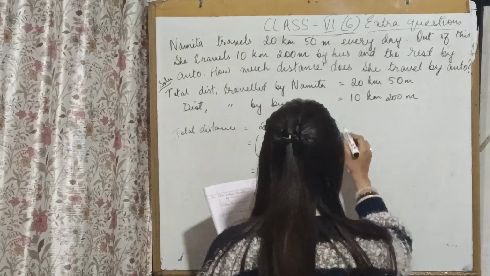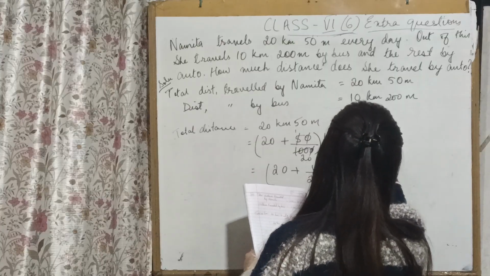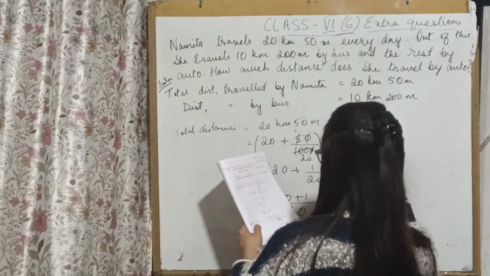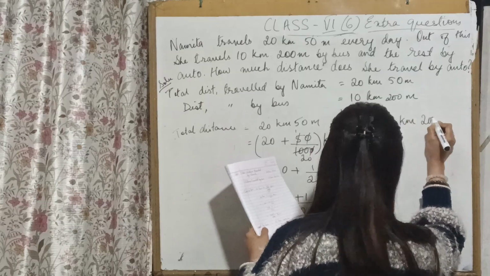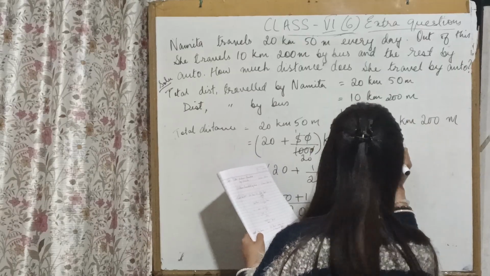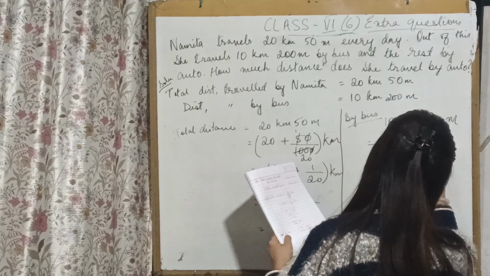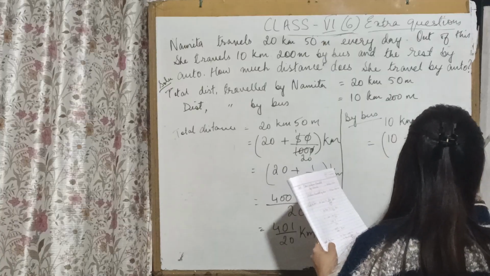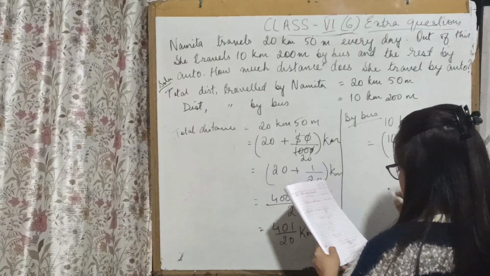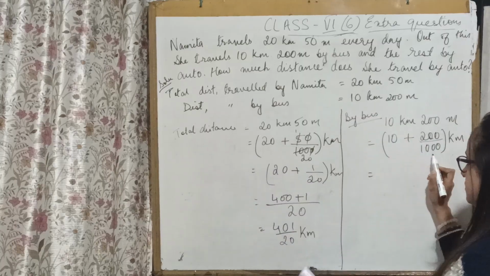Okay. By bus, that is 10 kilometer 200 meter. Changing this again, dividing by 1000, so everything becomes kilometer. We cannot cancel this and this.